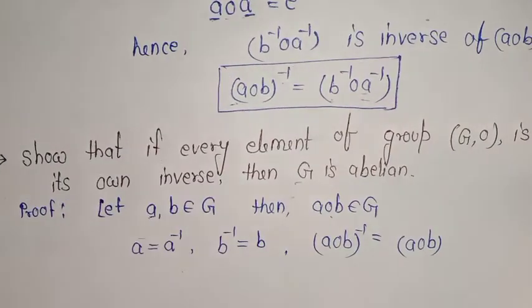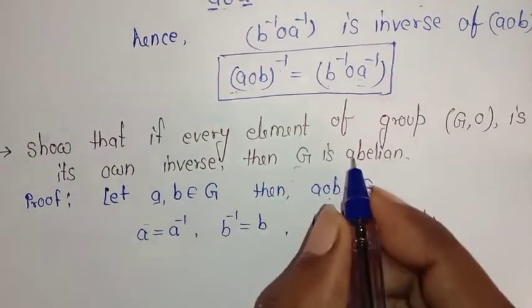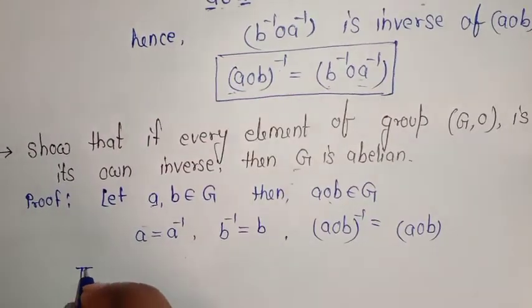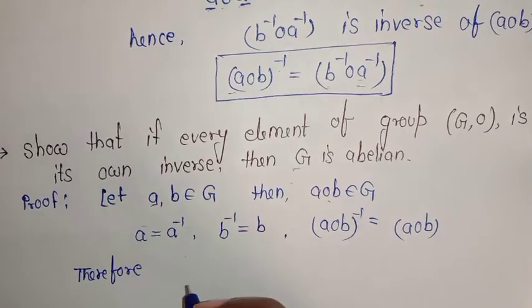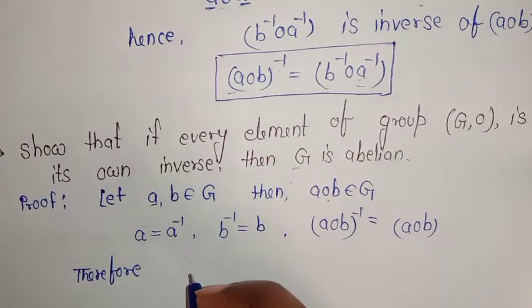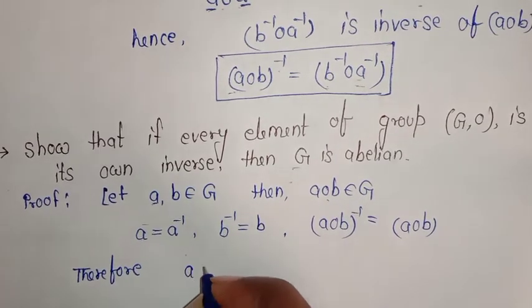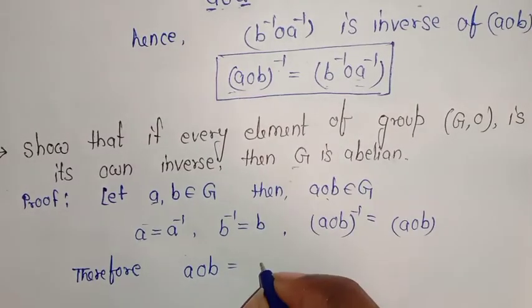I can write it as, now in order to prove that this is abelian, we have to take A operation B, and we have to show that A operation B is equal to B operation A, that is the commutative law. So firstly we will take A operation B, and that is equal to (A operation B) inverse.